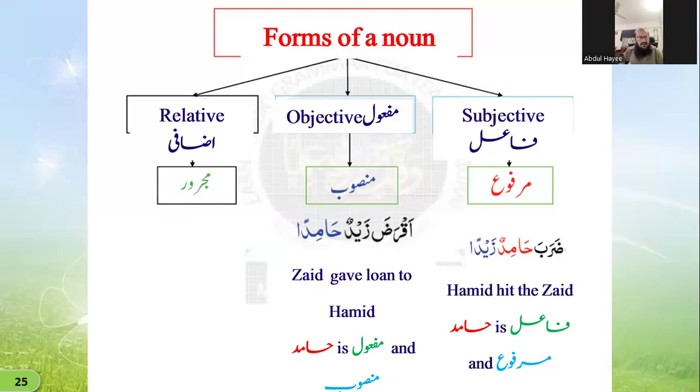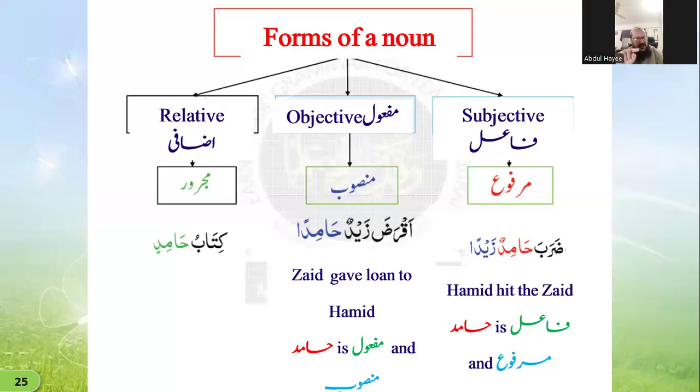And the third is relative, or the relation with some noun. That is majroor when it has a kasra. Just like Kitabu Hamidin. Hamid has a double kasra and it has the relation with the book. So it is called the relative noun. So we have noun in three forms. When it has a dhamma, we call it raf, and the word or the noun is called marfu.